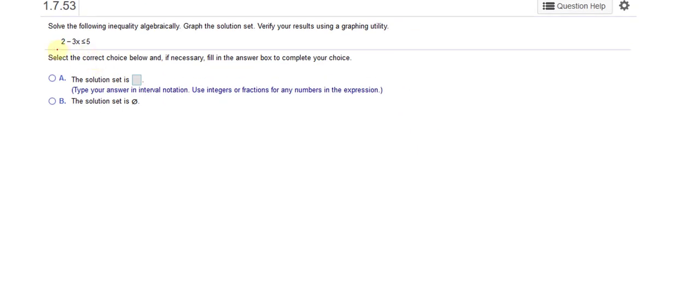Okay, the same thing here. We are solving for x. So subtracting 2 on both sides, I get 3 divided by minus 3. Now, because when I divide by minus 3, there's a rule that when you divide or multiply by a negative value, you have to flip the direction of the inequality.